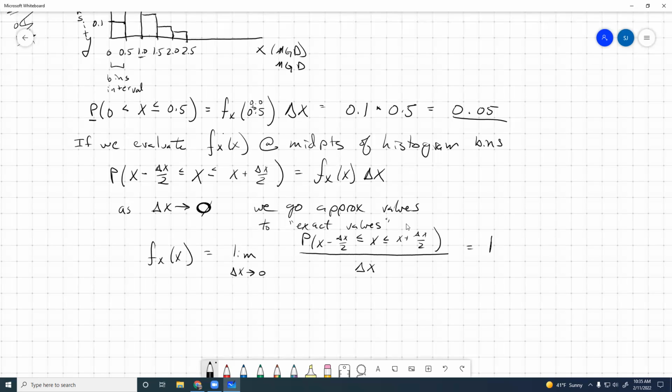And this equals our PDF, our function. So we're basically saying we can take that bin interval and make it infinitesimally small, and then that will give us our probability value evaluated at a particular location.